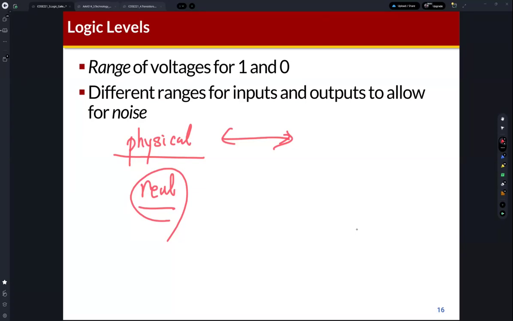Then what is the opposite concept of physical in computer systems? Physical means real, so the opposite of real is unreal. It's virtual.